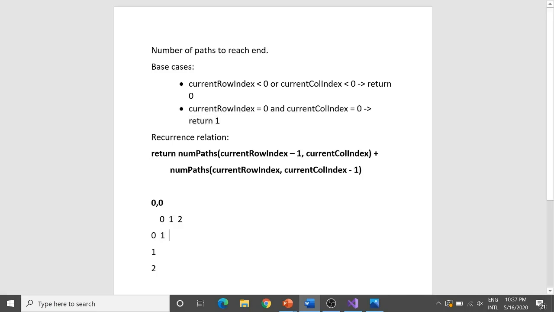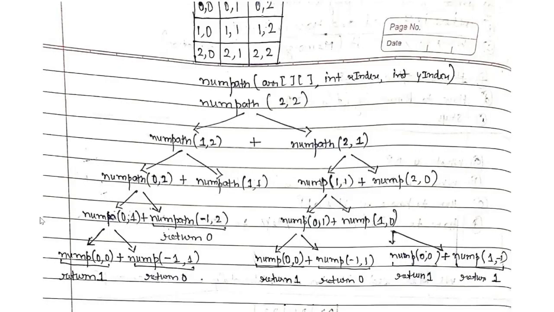Now what does this subproblem say? It says that I am currently sitting at 0,1. Tell me the total number of paths to reach 0,1 from source. If I see over here, we branched out one time for 0,0 and one time for -1,1. But I do not have this matrix cell, so my answer is dependent only on the other branch. Why?